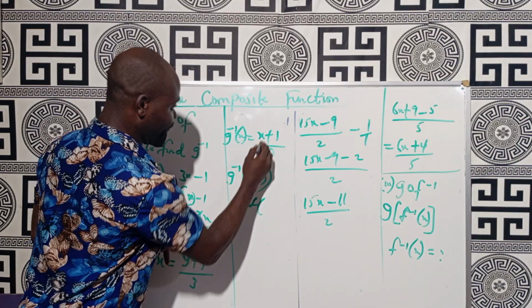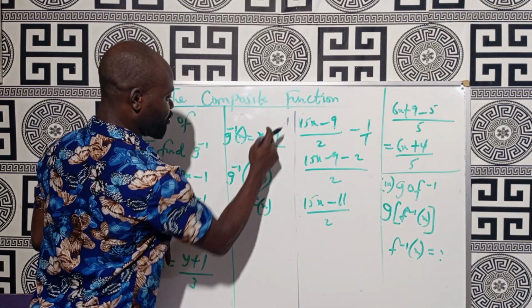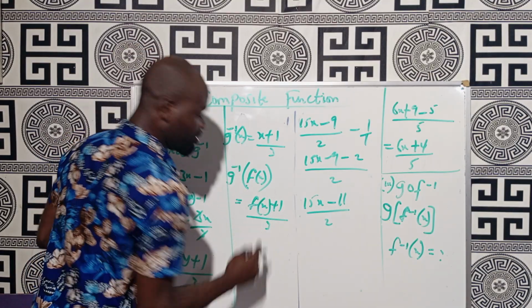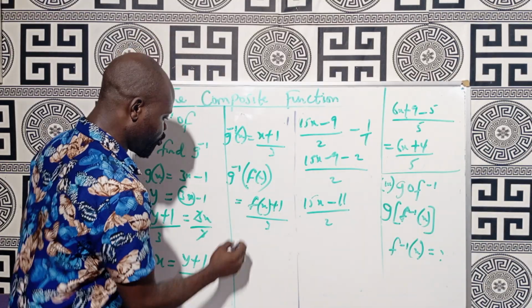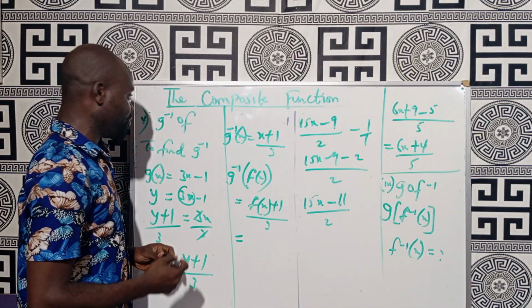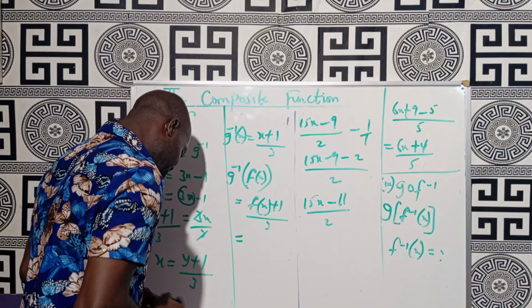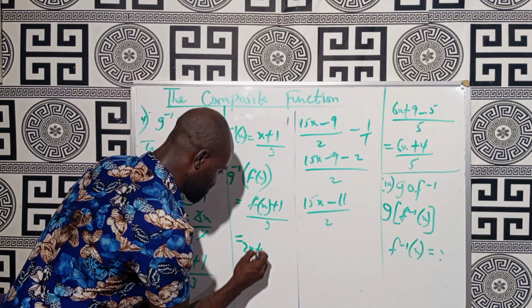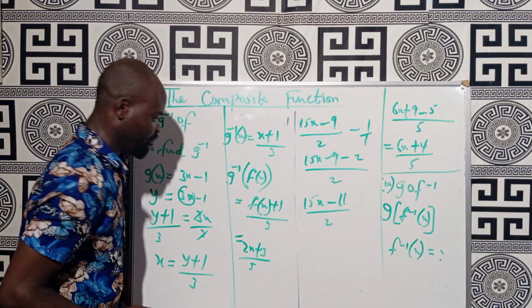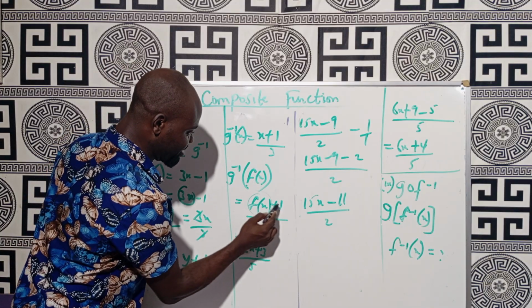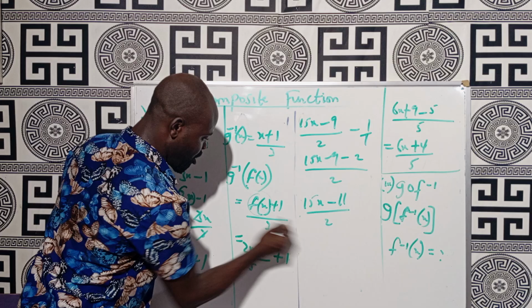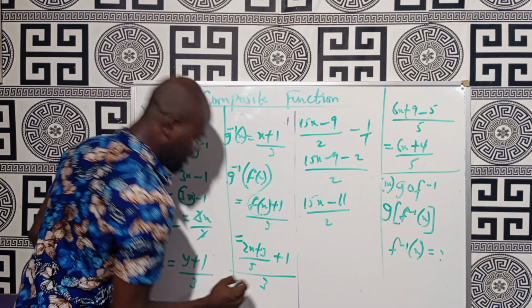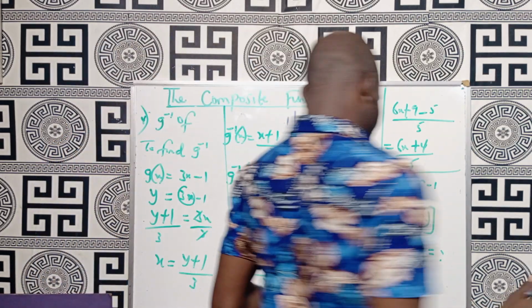So we have f of x plus 1 all over 3. You can see, very easy and simple. So what is f of x from the question? From our question, f of x is 2x plus 3 over 5. You can see that's my f of x. Just write the rest: plus 1 all over 3. So I know where my answer comes from now.